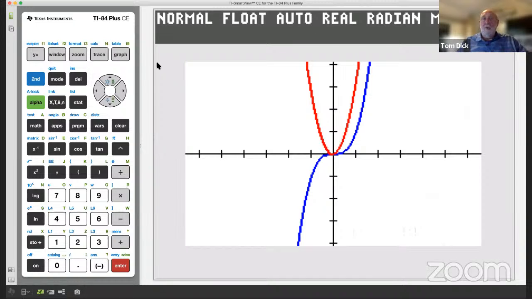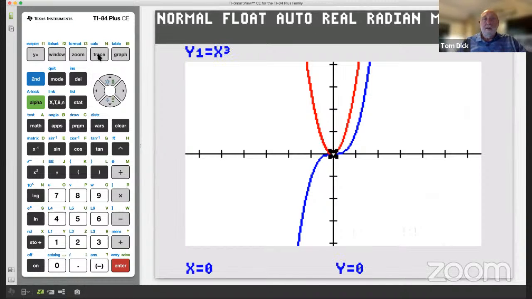If I traced over to 1, oops, overshot. There we go. Okay, there's 1, 1 on the blue graph. That's my y equals x cubed graph. Now let me hit the up arrow to switch over to the red graph.